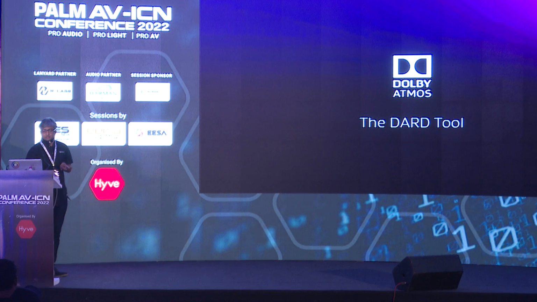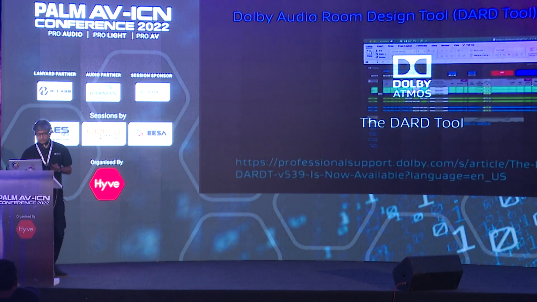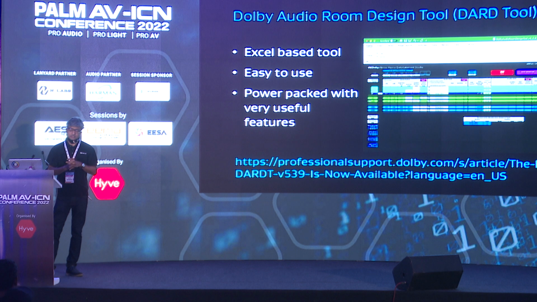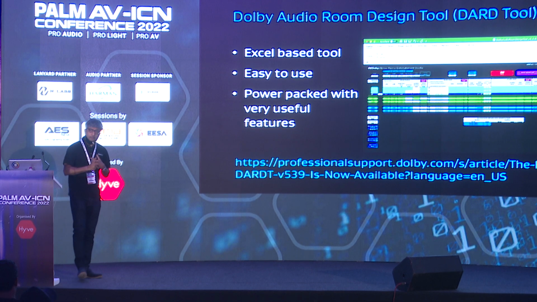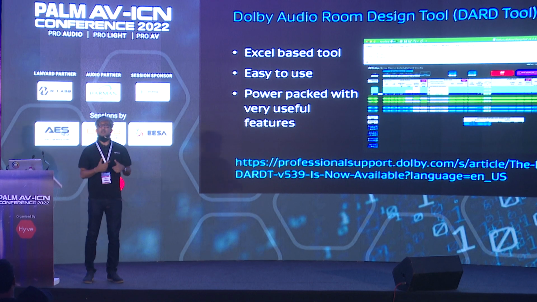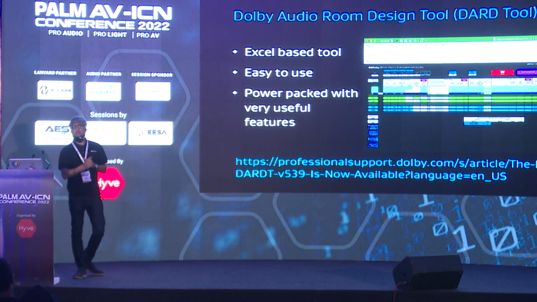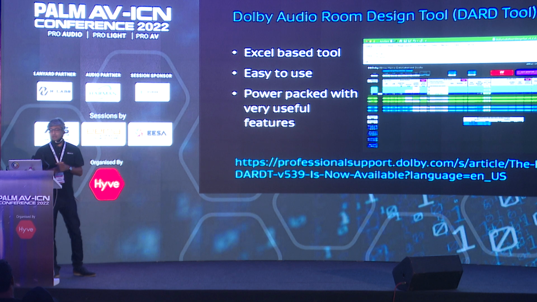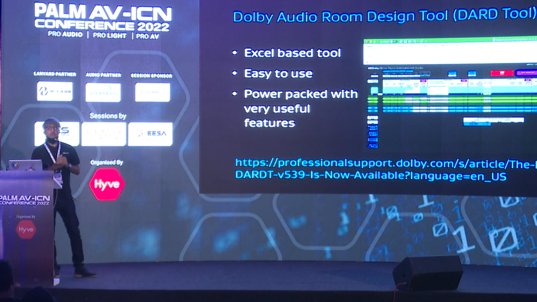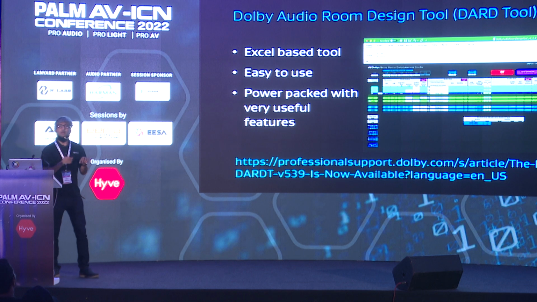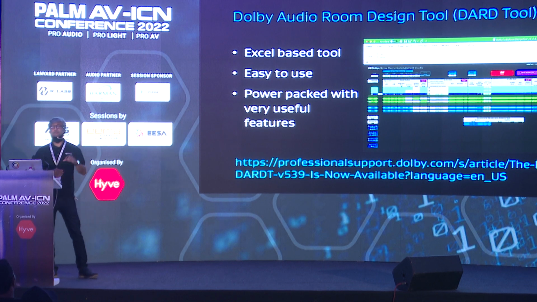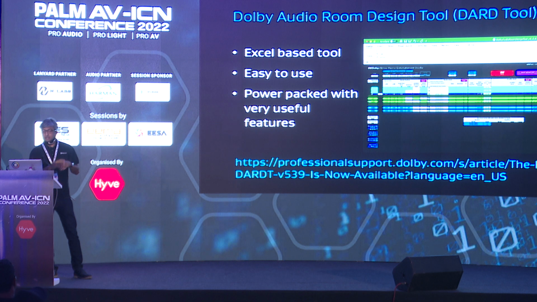I talked about the DART tool just now. That's the Dolby Audio Room Design Tool, or DART tool in short. This is something which we have developed, and it's in constant development. We keep updating this tool every few months. This is an Excel-based tool, very easy to use, very intuitive, and there are a lot of help files in the tool itself.